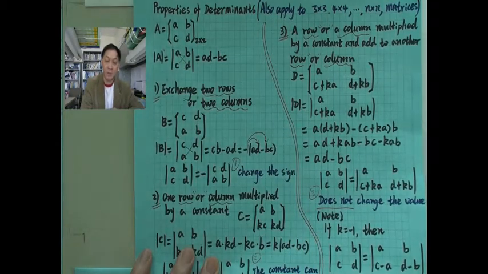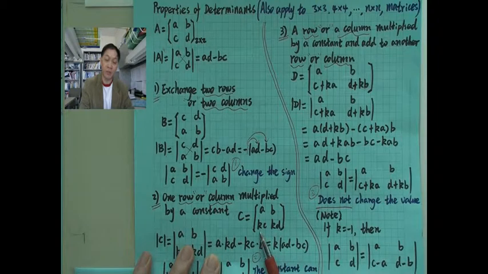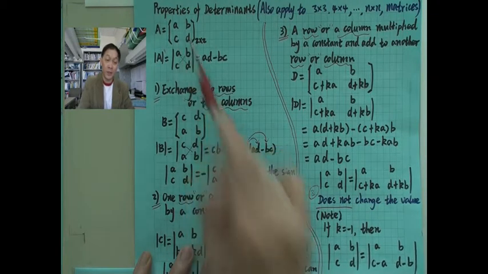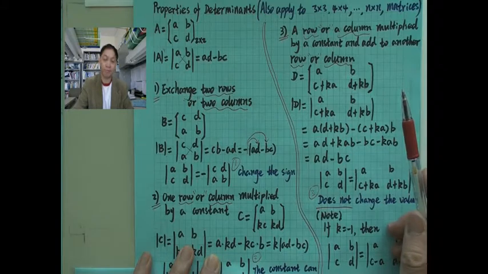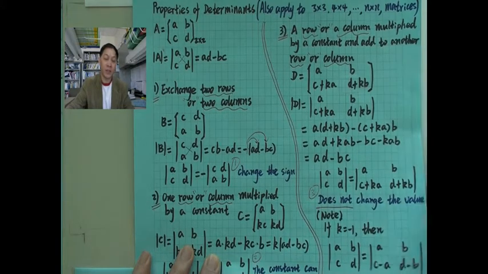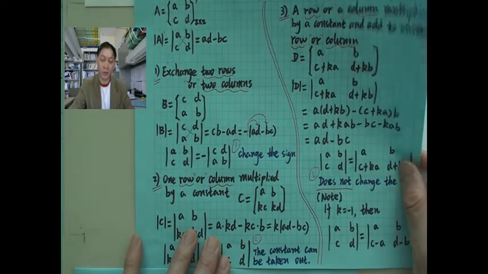Row 1 is the same, but row 2 is different: K C, K D. So row 2 has something extra, a common factor K. It was C D. Now there is a K in front of C, the same K in front of D. Let's see how the determinant is going to change.